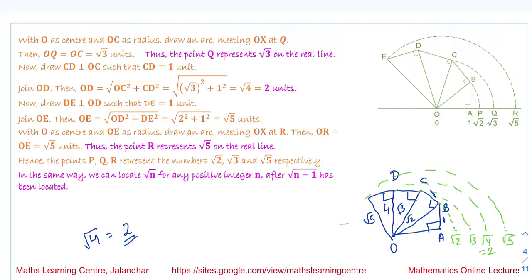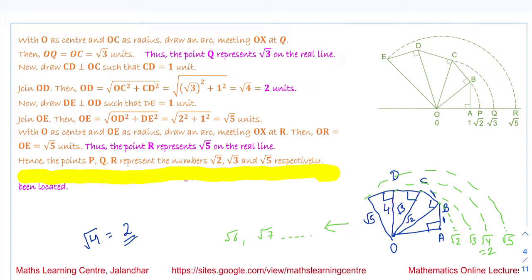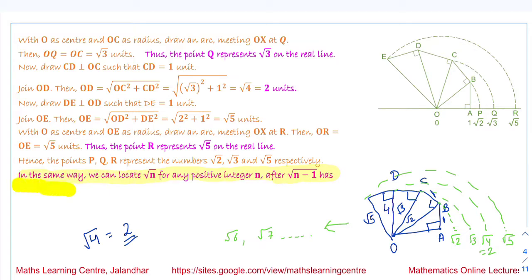Likewise we can continue in this way and obtain square root 6, square root 7 and so on. So in the same way we can locate square root n for any positive integer n after n minus 1 has been located. If the square root of n minus 1 is located, then the next point we can draw in this way.